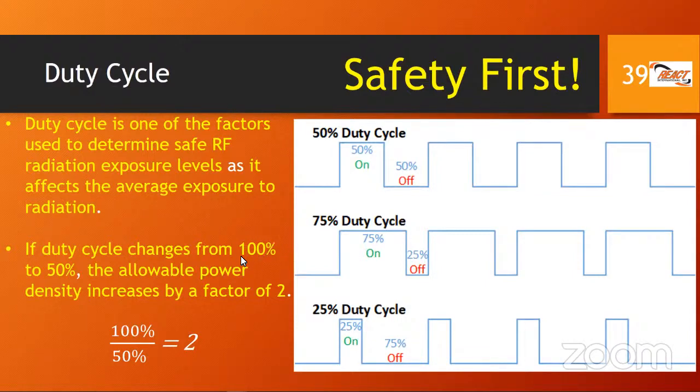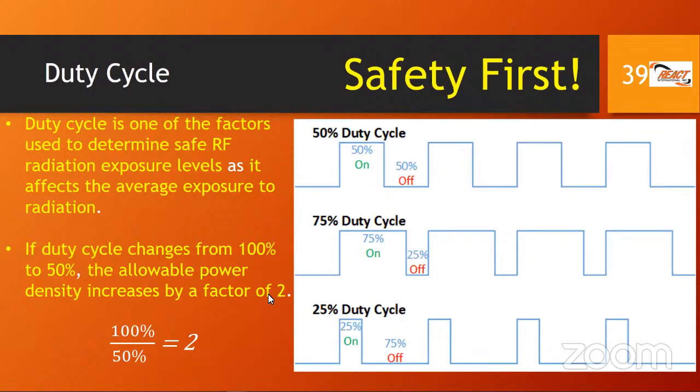But if we change to a mode that is only 50% duty cycle, we can increase our power density by a factor of 2. Why? Because we have decreased the duty cycle by half. We could double that.